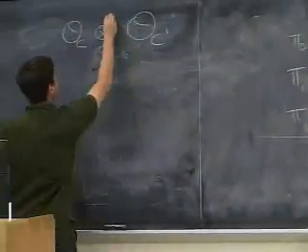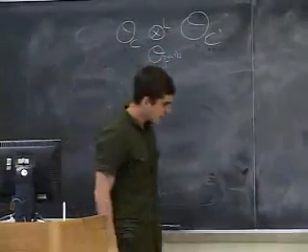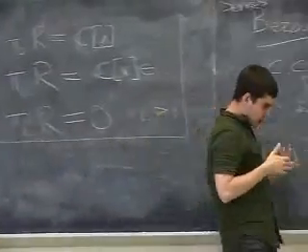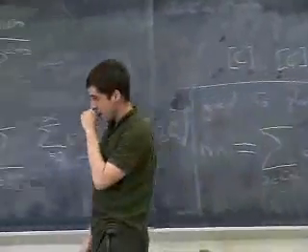So this is something that a lot of algebraists would denote by putting a little L above the tensor product sign. The reason is this is the left-derived functor of the tensor product operation.